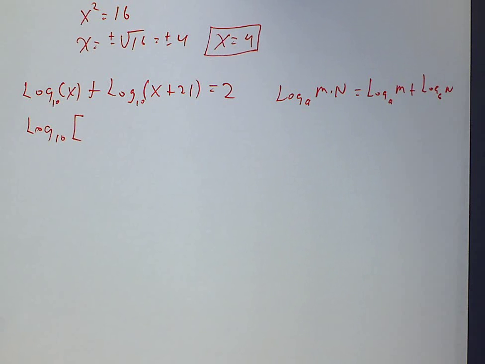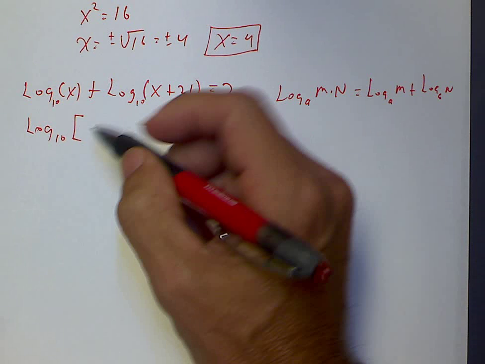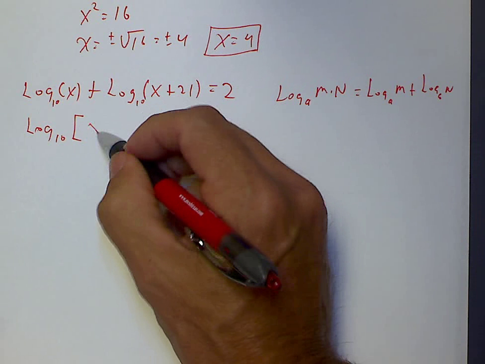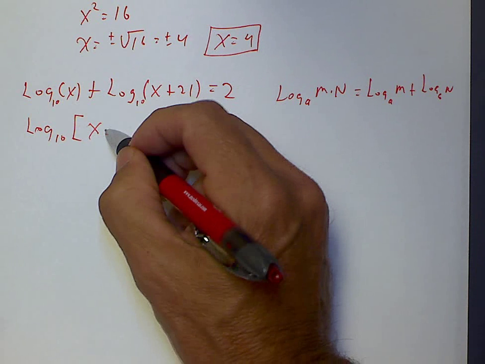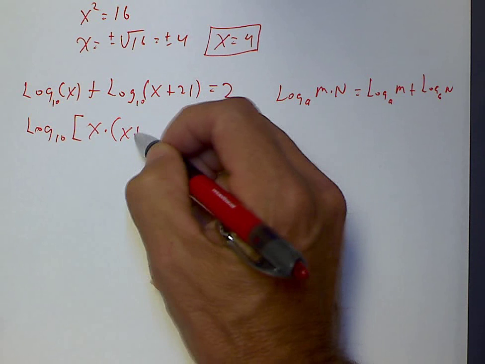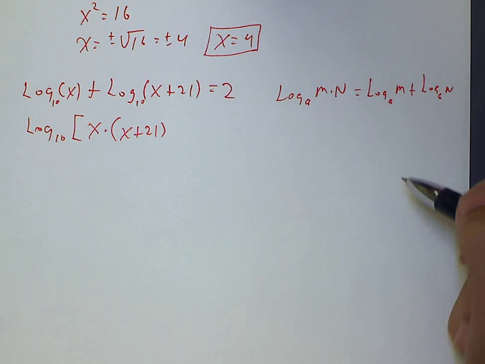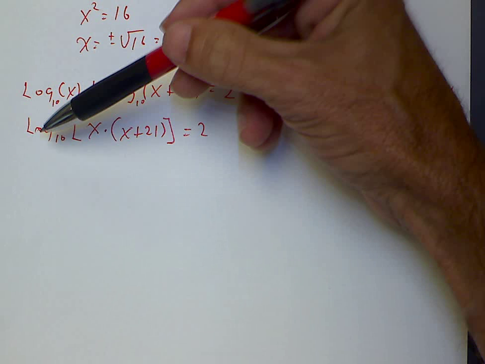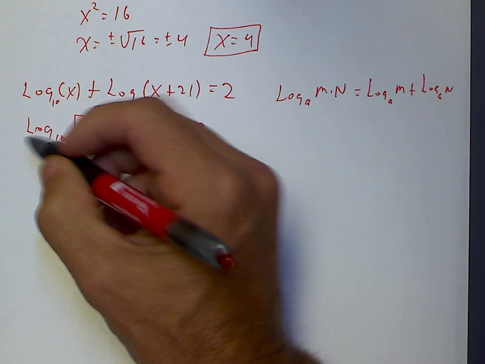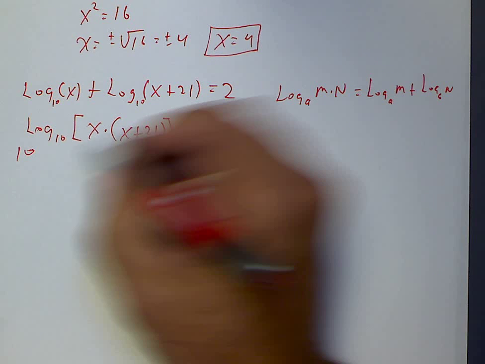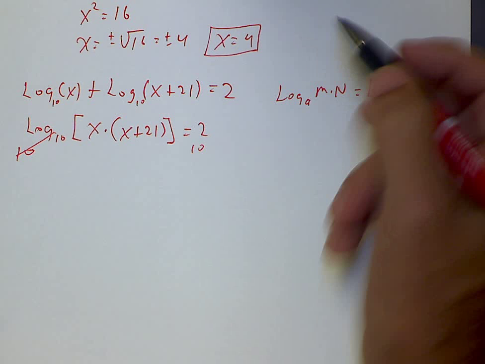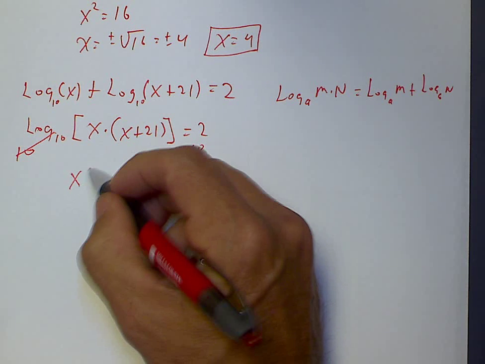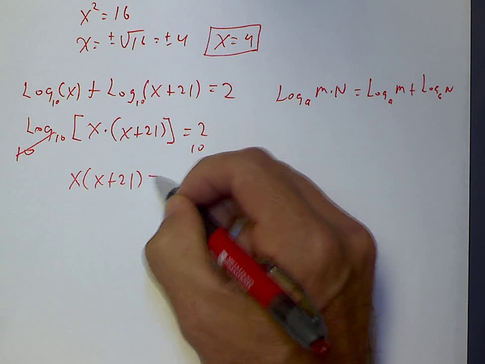We have a plus sign, so we write it as a multiplication problem. That is x times x plus 21 equals 2. Now I have a singular log statement. I can take 10 to the power of both sides to cross that out, and I'll have x times x plus 21 equals 100.